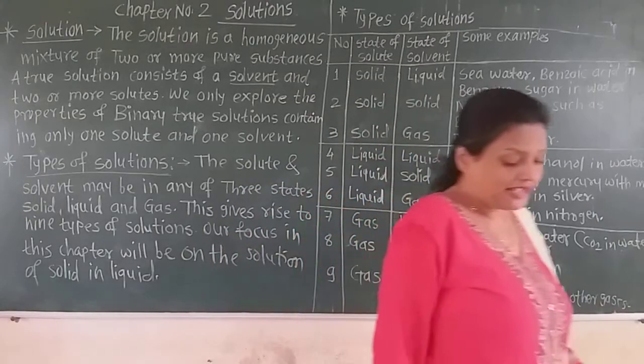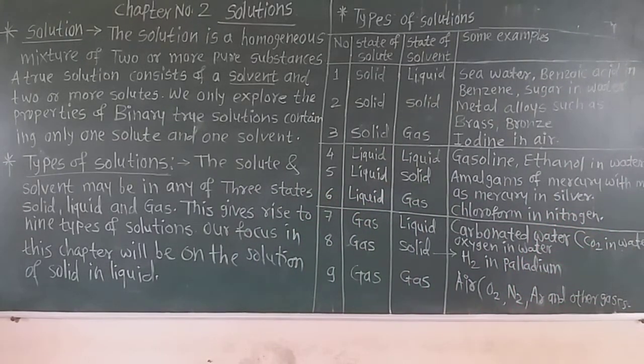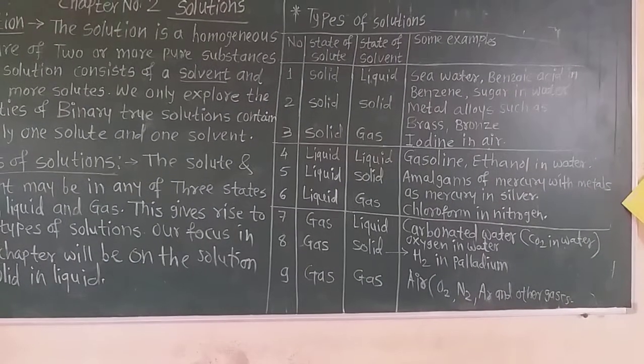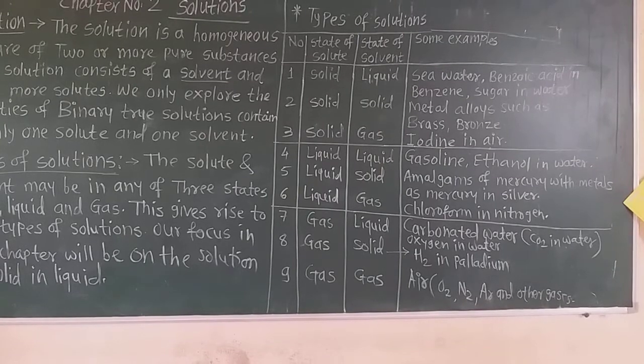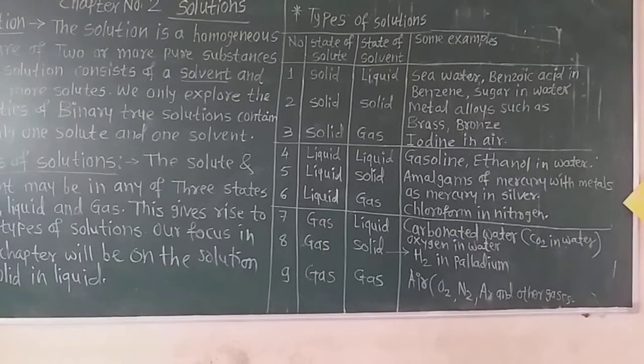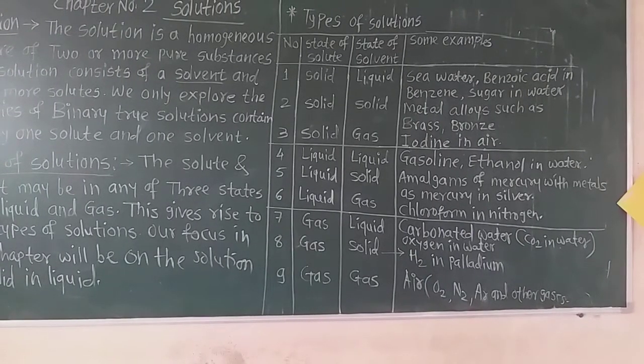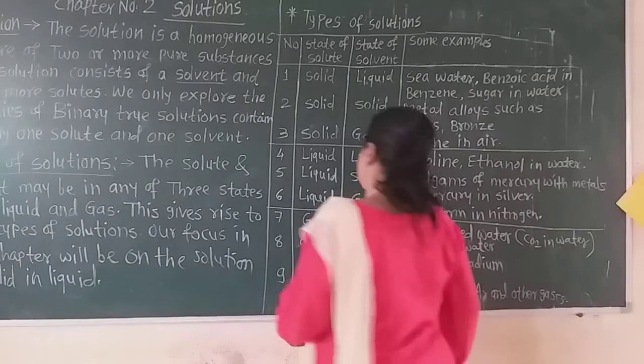Now see on the blackboard, there are the 9 different types of solutions and their examples are also given on the blackboard. According to the state of matter, solid, liquid and gas, we classify the solutions into 9 different classes. Now see this chart.